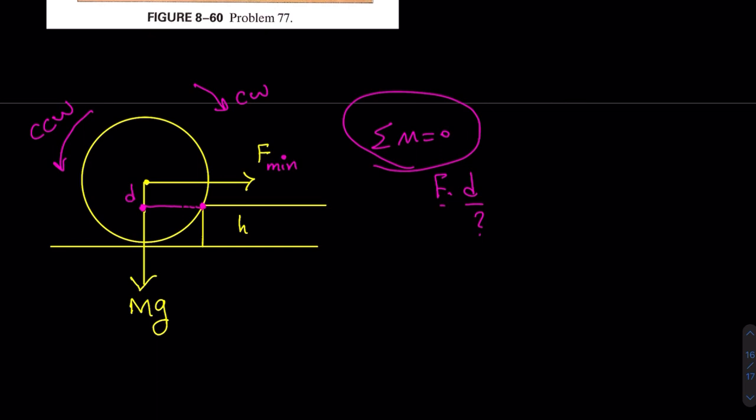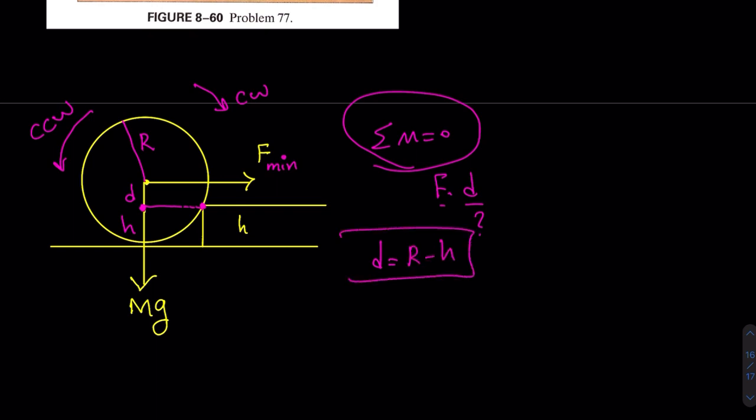We have the radius of this circle, which is capital R, and we have the height of this step, which is h. So d will be simply equal to R minus h.